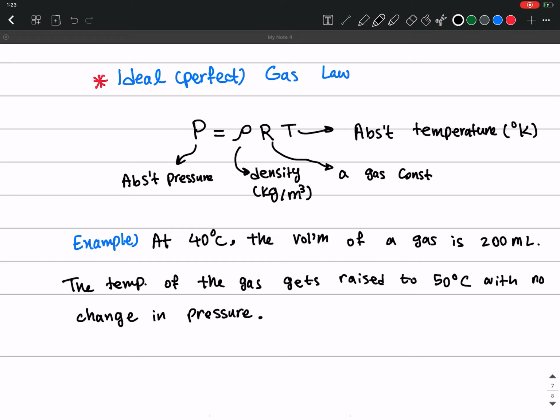So pressure is going to be constant. The question is, what is the new volume of the gas?